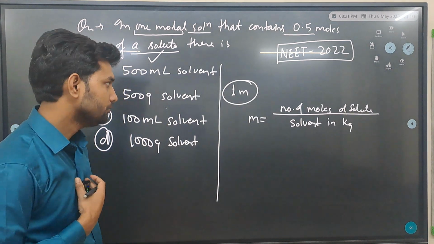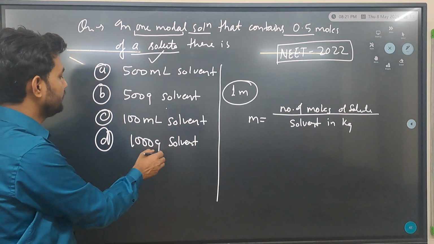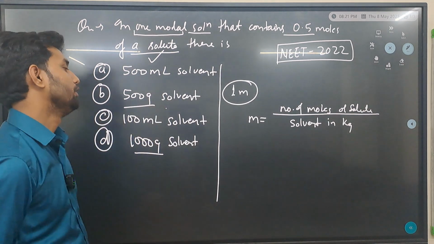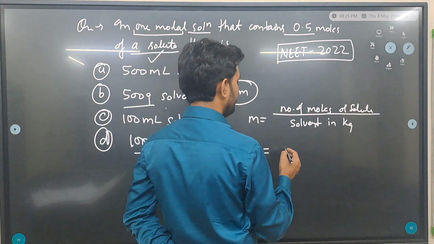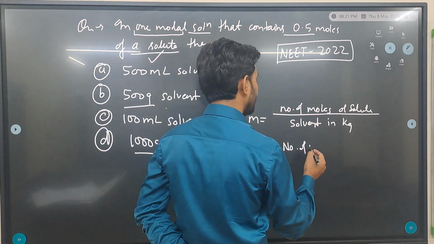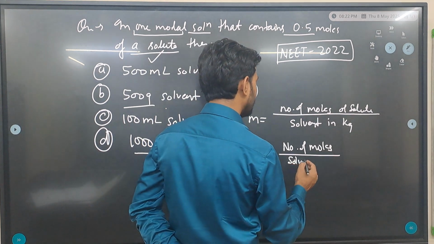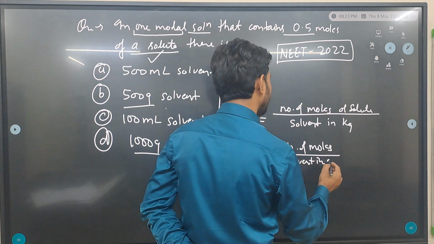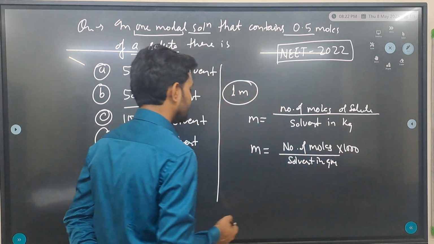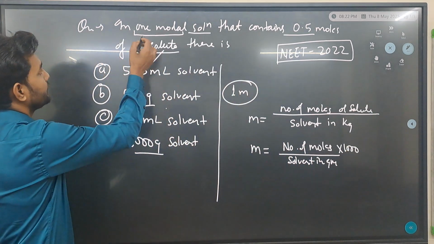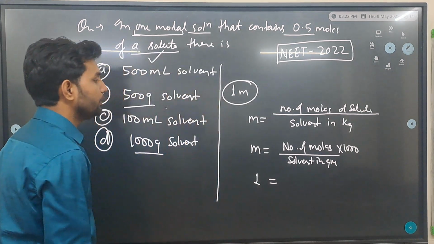Here the options are given in ml and gram, not kg, so we will convert this formula into gram. So molality will be number of moles divided by solvent in gram multiplied by 1000. Molality is given as 1 molal.